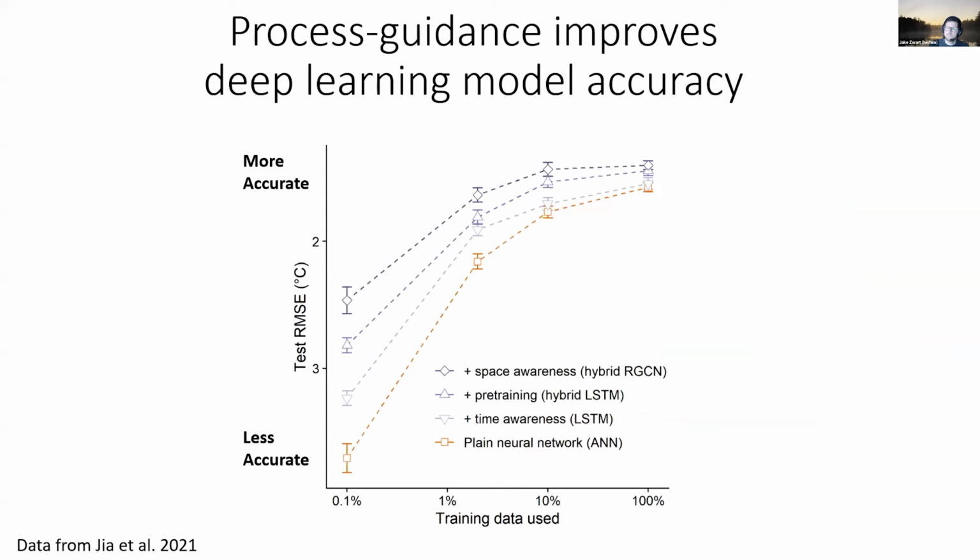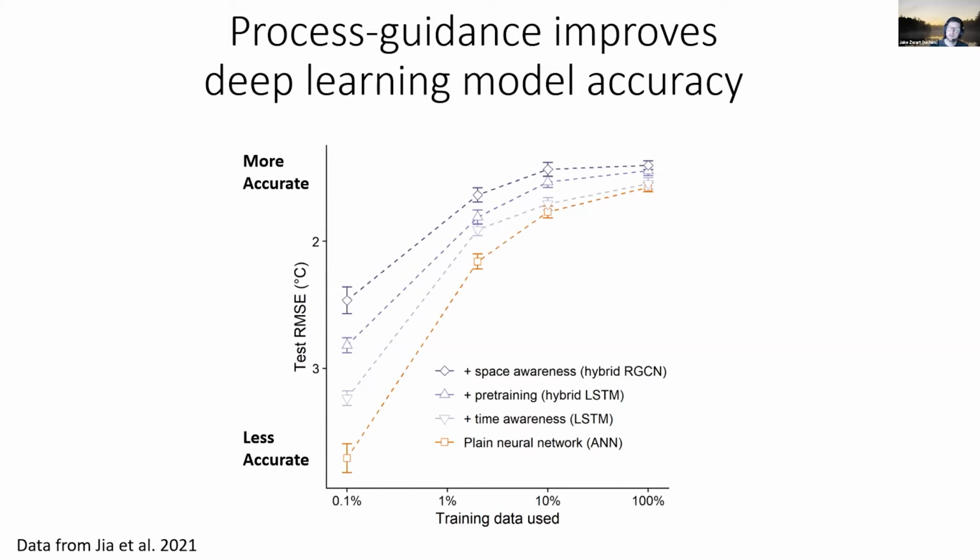So our data science group has found, and I've shown in previous slides, that adding process guidance to a modeling framework improves model accuracy for both lake temperature and stream temperature. This is an example of improving accuracy just for stream temperature. The orange line is the plain neural network for predicting stream temperature across a variety of data sparsity conditions.